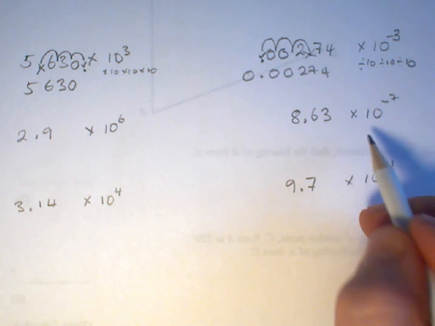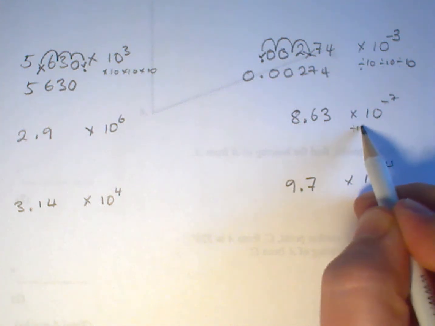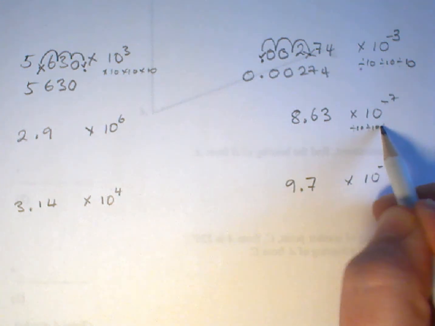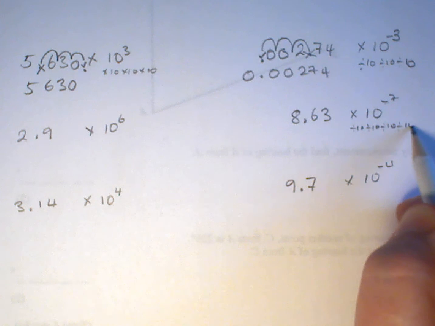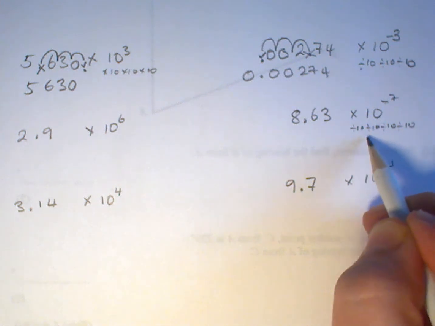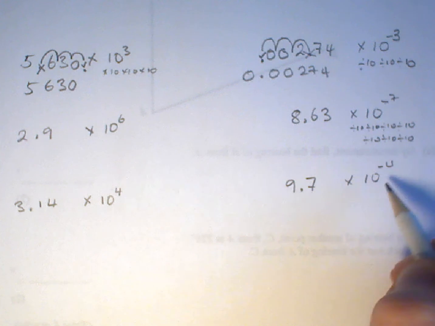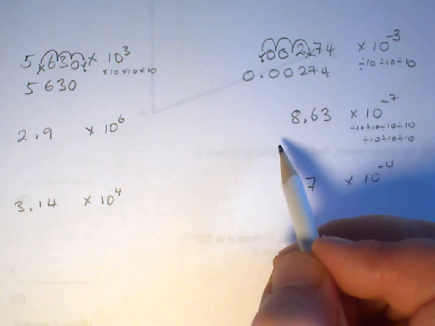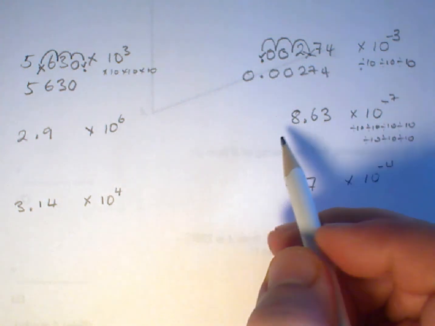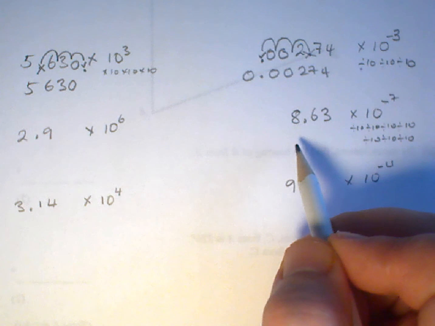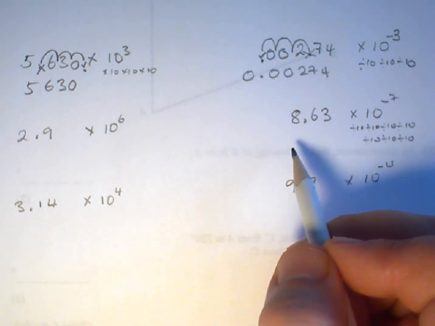Remember that one we couldn't do on the calculator? Well, here we have effectively dividing by 10 7 times, and it's a bit boring doing all these dividing by 10s, so that's divided by 10, divided by 10, divided by 10. So dividing by 10 7 times is going to be making the number go smaller. The number needs to go backwards in place value, so I need to jump the decimal place forwards.